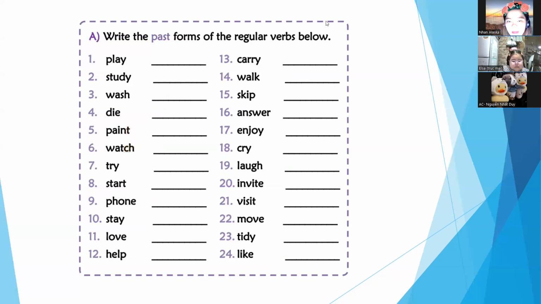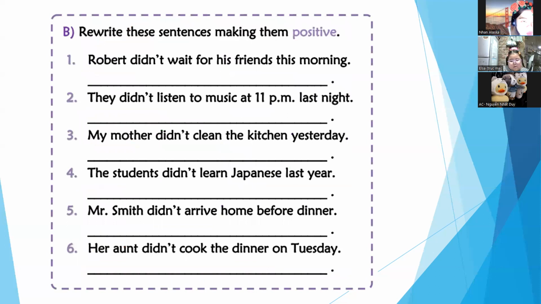So Elsa, how about this one? What you're going to do here is, do you still remember when we talk about grammar patterns in English, we have the so-called passive, or the affirmative, meaning the sentence is in a normal state.